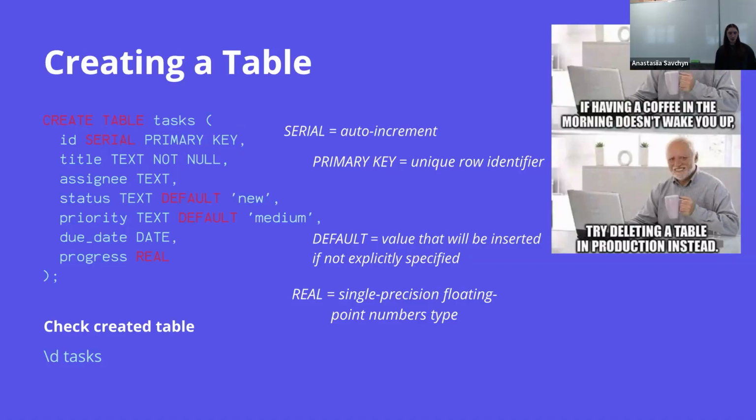So how it works: for example, here we have the ID field, which is SERIAL PRIMARY KEY. Serial is auto increment. Primary key is a unique row identifier, as we already discussed. And then we have other fields. For example, title. We understand that it's a text value, like a string value in your Python program.